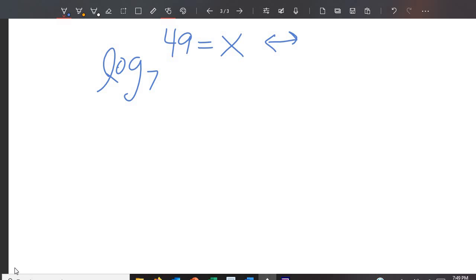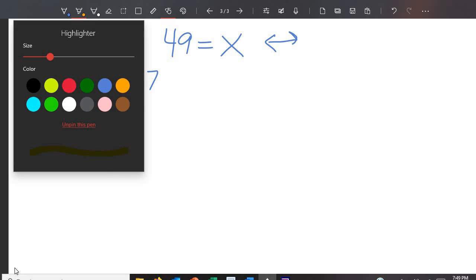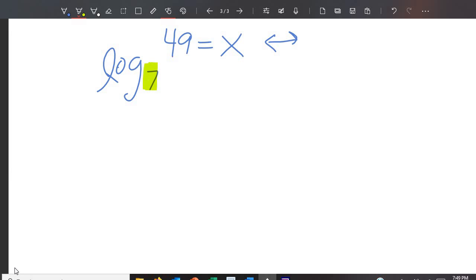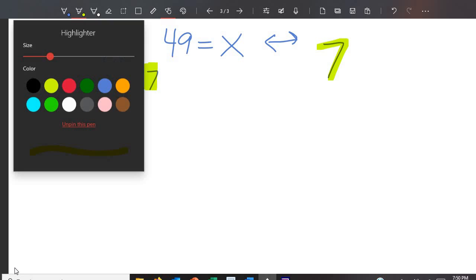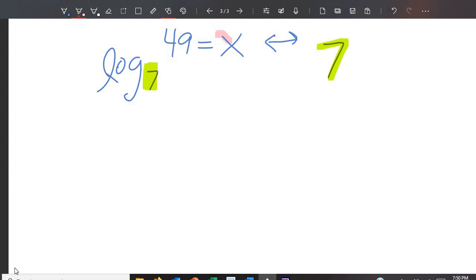Let's say I have log with a base of 7 of 49 equals x. And I want to change this to exponential form. Well, remember, this is the base. So my base is 7. This is the exponent.